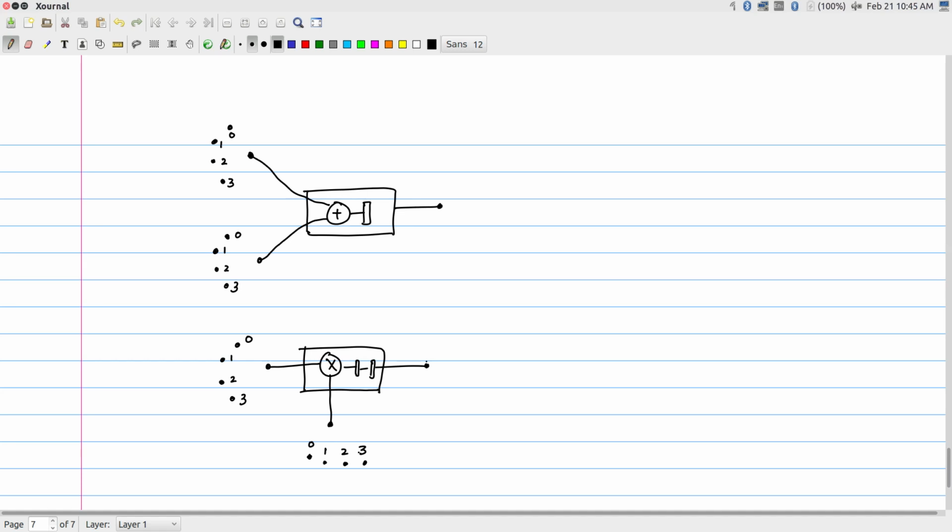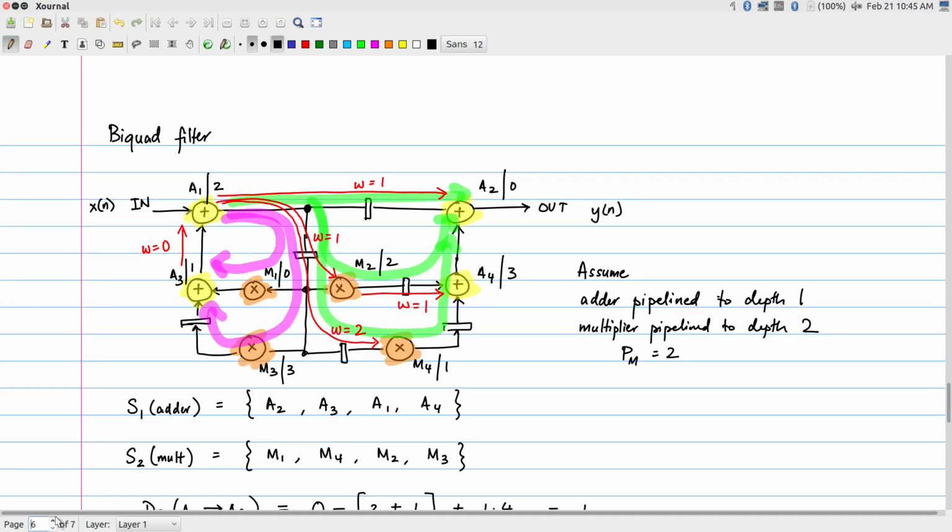And once I have this architecture in place, all that I need to do is find out at phase 0 what is supposed to be computed on the adder. Let's go look at our schedule. At phase 0, A2 is going to be computed on the adder. Where are the inputs to A2 coming from? They are both coming from the adder itself. Because the inputs to A2 are, one is from A1 and the other is from A4. In other words, both are some outputs that were generated by the adder at some previous instance of time. So just for understanding, let's put down this over here.